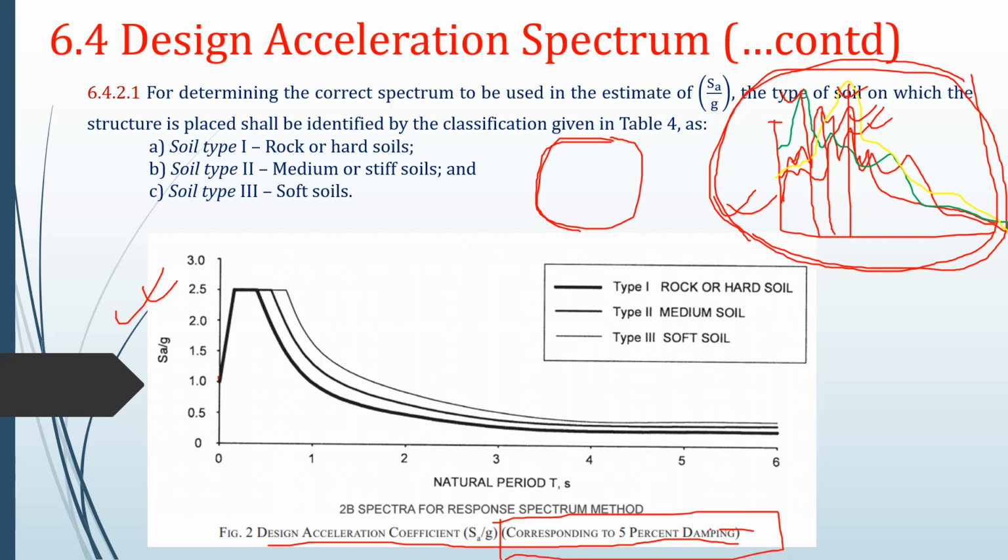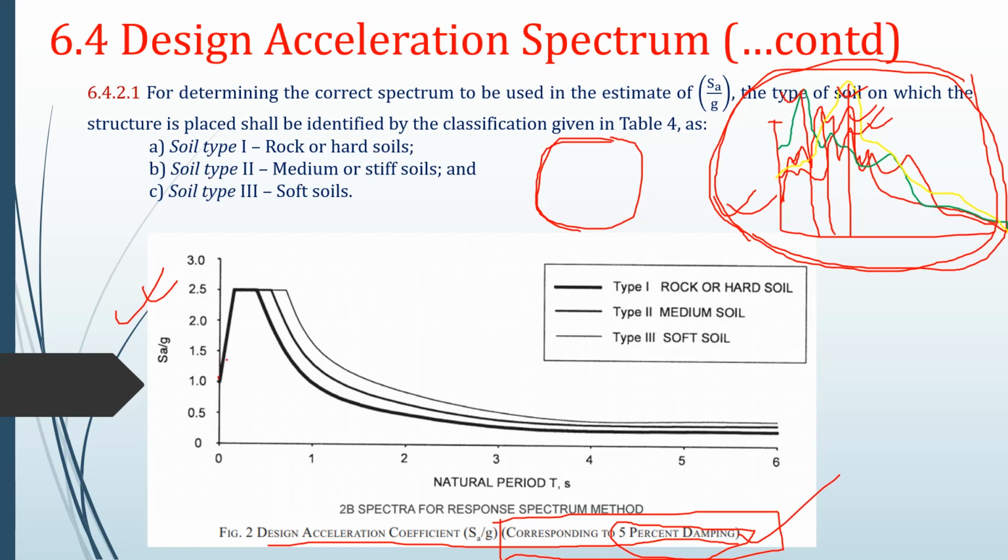This 5% damping is generally adopted in the design of our structures, and it is considered sufficient to represent the damping forces in all of our structures, including RCC, steel or masonry structures. So our design spectrum consists of a series of smooth curves constructed for a particular level of damping.